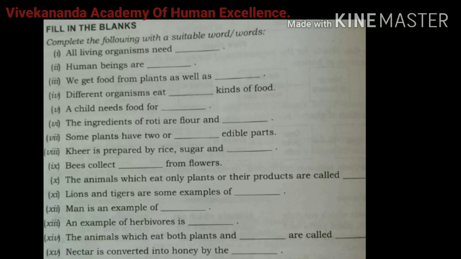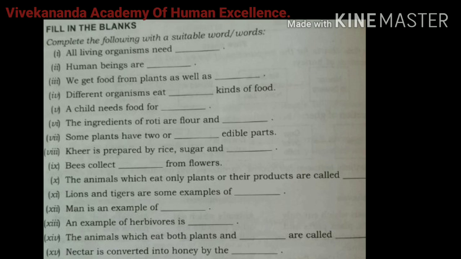Next question. An example of herbivores. Any example you can give here? We see cow given. You can say deer, buffaloes, goat. So an example of herbivore is cow. The animals which eat both plants and animals are called omnivores.